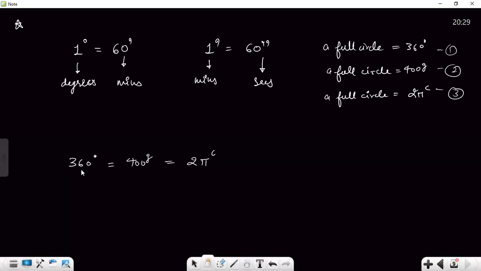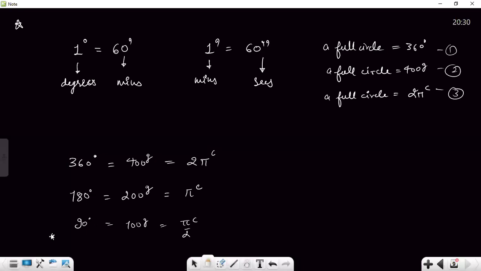Now we see that 2 is common everywhere. Okay, so let's divide by 2. 180 degrees, 200 grades. That becomes pi radian. For further convenience, you can also divide it once again. 90 degrees, 100 grades, and pi by 2 radians.